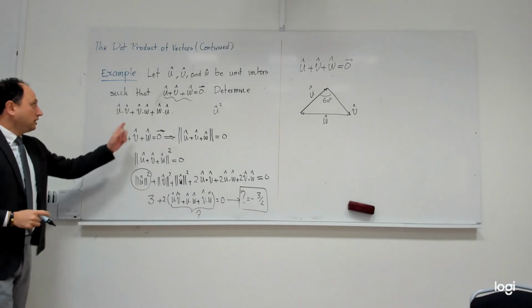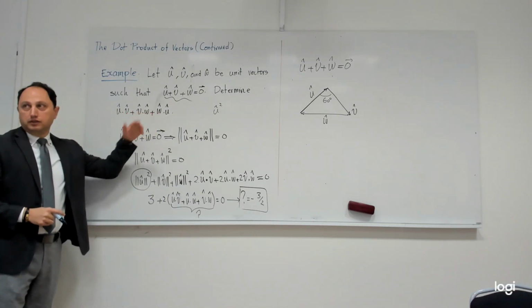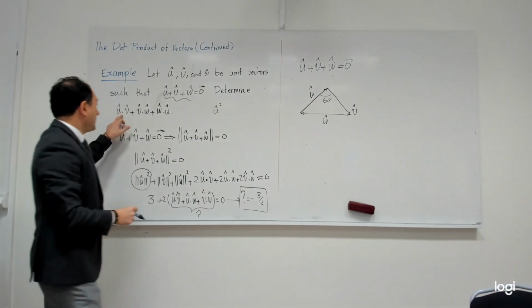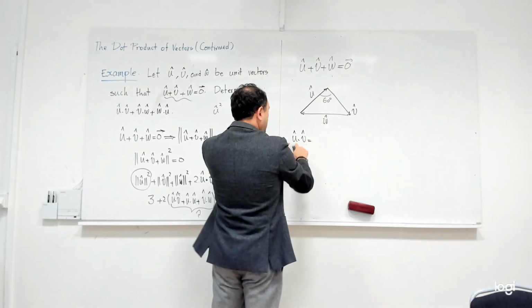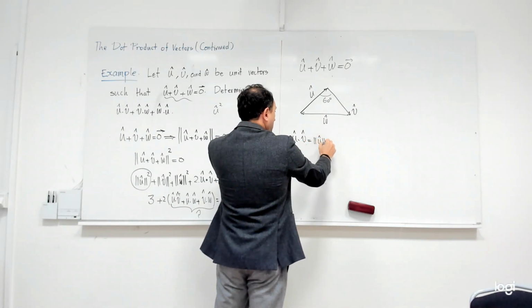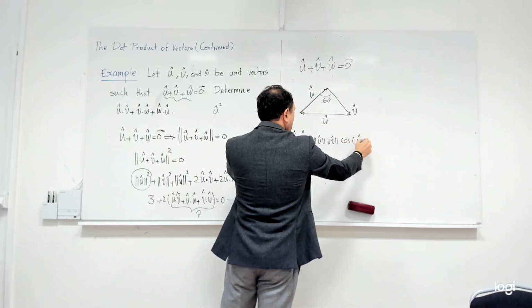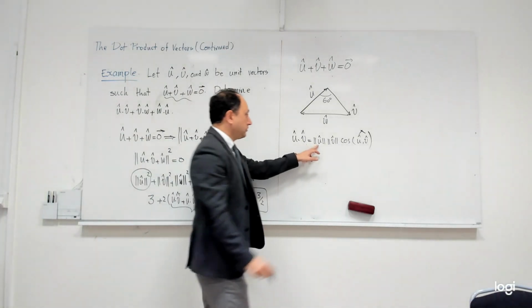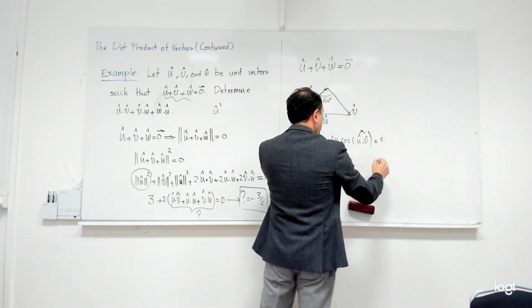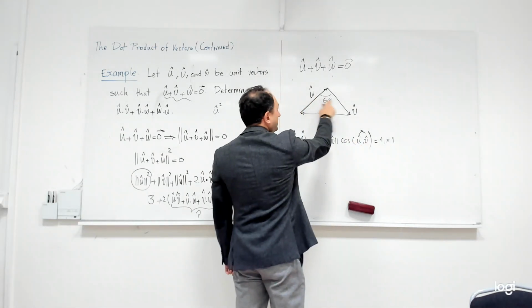Okay, but now, what you have done, you have calculated each one of them individually and then added them. Yes? So if I ask you what is u dot v, u dot v is the norm of u, norm of v, the cosine of the angle between u and v. If the norm of u is 1, this is the unit vector, the norm of this is also 1, but what is the angle between u and v?